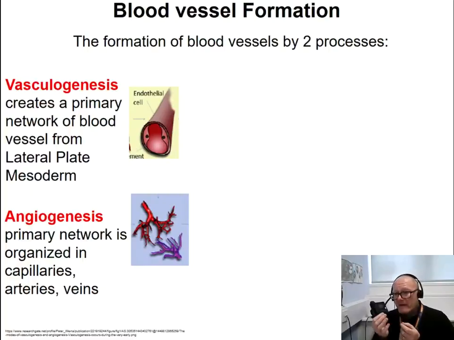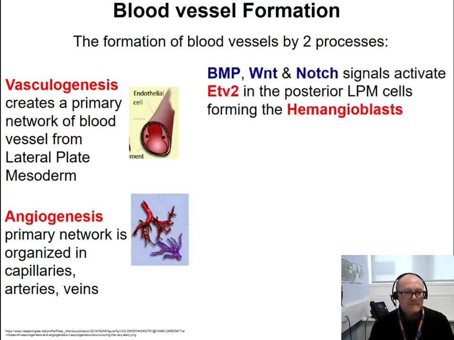Capillaries are very fine tubes or networks that surround the organs and distribute resources and collect waste from the different organs. And also during angiogenesis, we have distinction between arteries and veins.